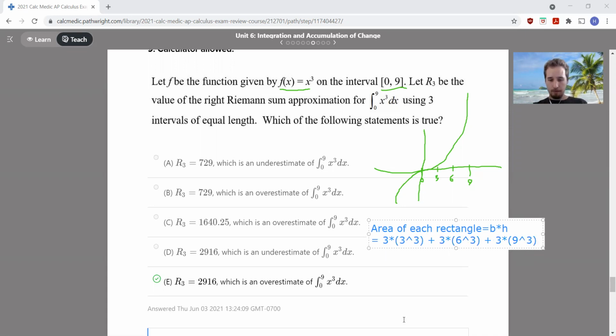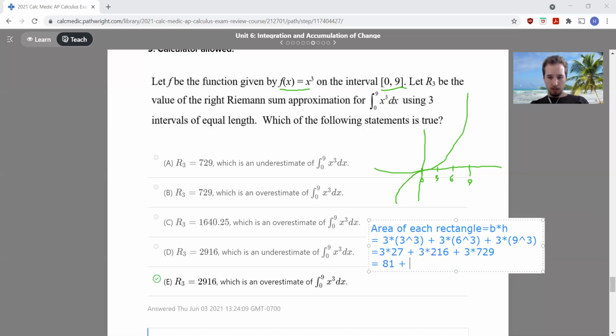There we go. And so when you plug in these values, well, 3 to the third is 27. Plus 6 to the third is 216. Don't ask me how I know that. And then 9 to the third is 729. Okay, so 3 times 27, that's 81.